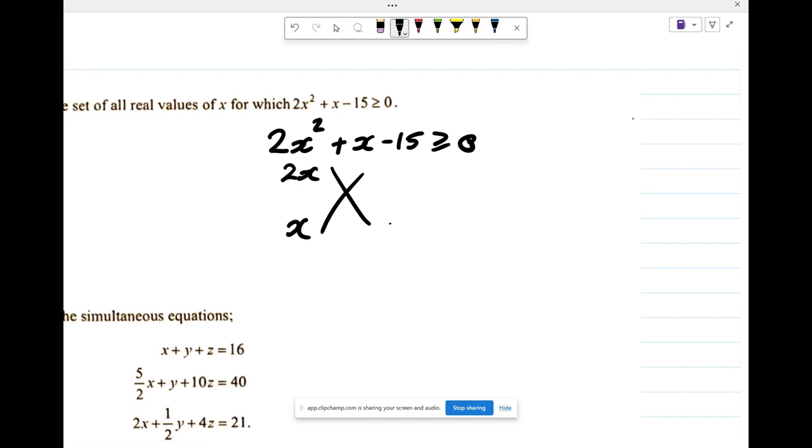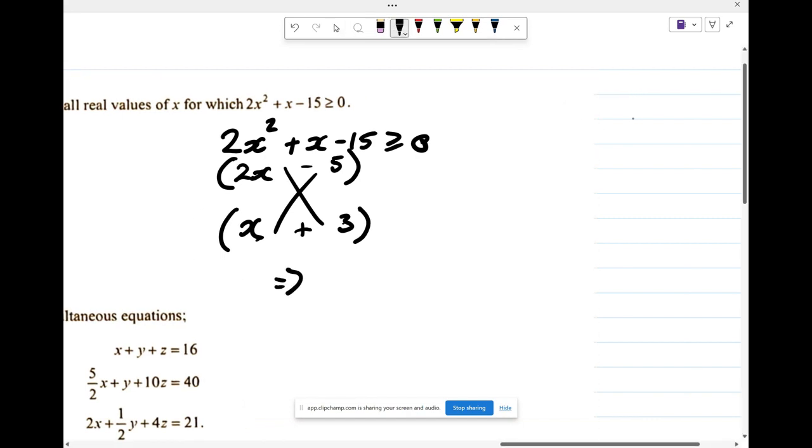That's obviously going to be 5 and 3. And how do we get plus x in the middle? Well, 2 times positive 3 is going to give us 6, and then 1 times minus 5 is going to give us minus 5, and 6 minus 5 is going to give us plus 1. So these are our two answers here, 2x minus 5 and x plus 3.